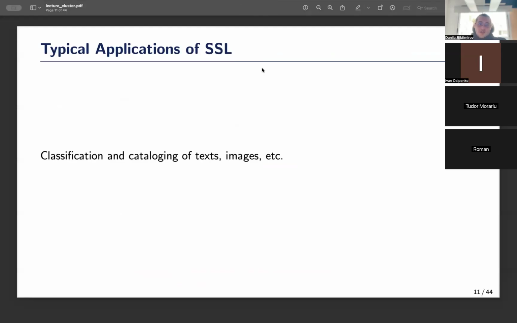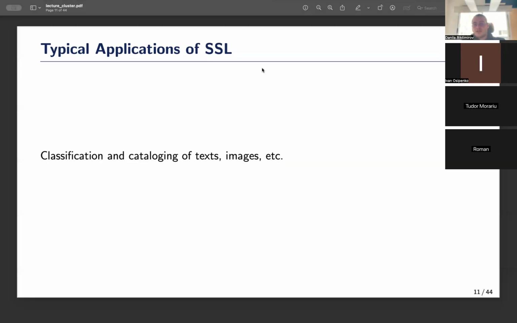Semi-supervised learning is widely used in tasks where labeled data is scarce, but unlabeled data is abundant. For example, in healthcare, SSL helps classify medical images like MRI scans with minimal expert-labeled data. In speech recognition, it improves transcription models by leveraging a vast amount of raw audio.